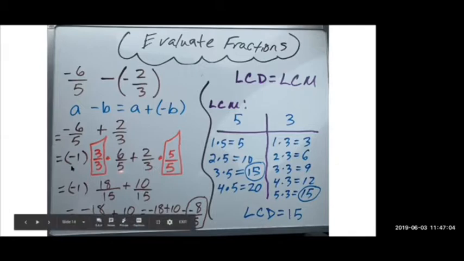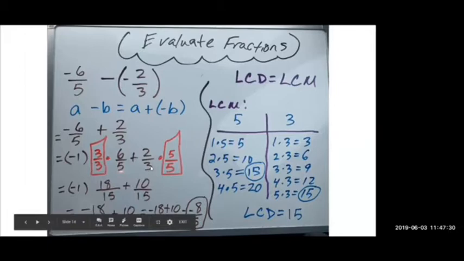Come back over here to this step. Okay? So notice I factor that -1 out, put it right here. And I'm going to take this first fraction and multiply it by 3/3. Why? Because if I multiply 3 times 5, I'm going to get that common denominator of 15. 3/3.